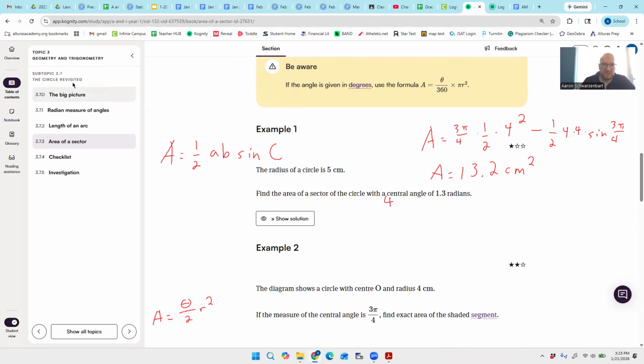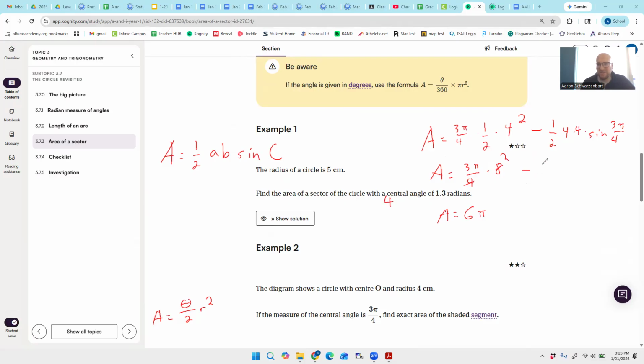Oh, it wants the exact. Darn it. Okay, I guess I got to do this in terms of exact. So this is going to be 3 pi over 4 times half of 4 squared, which is 8. That'll reduce out to be a 2. So this first part is 6 pi.